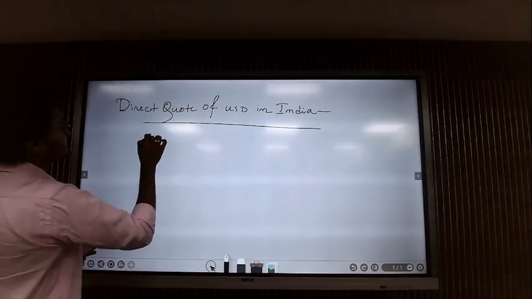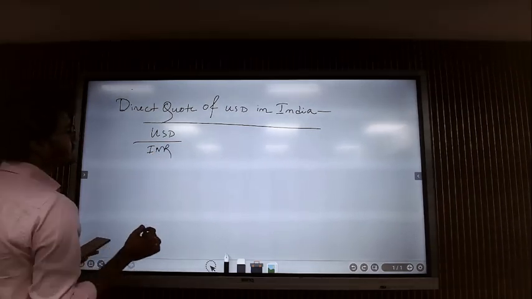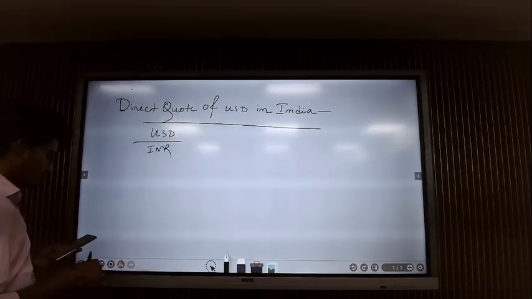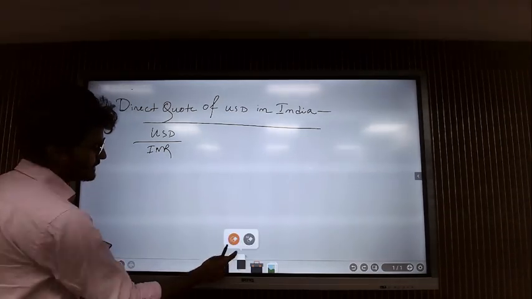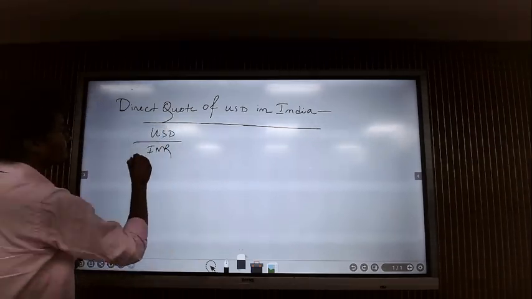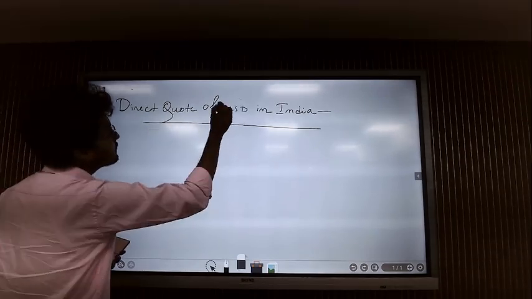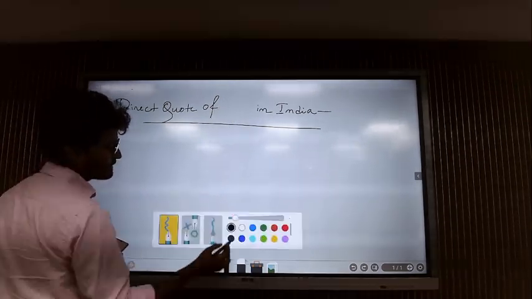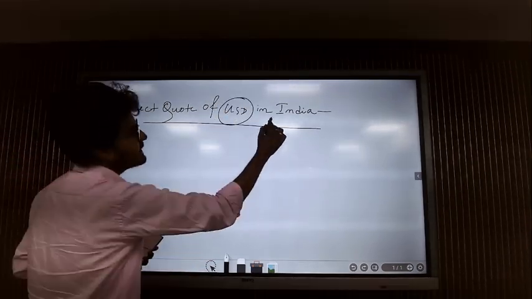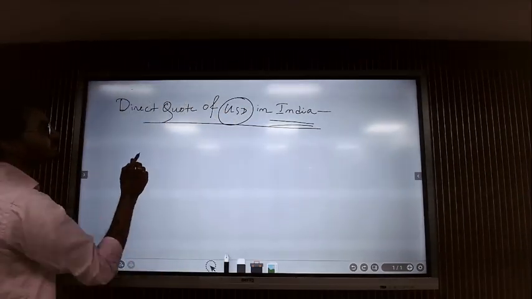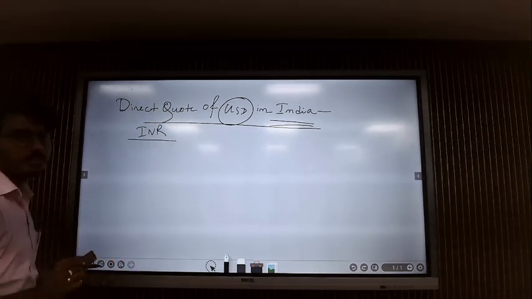That means USD by INR, because this is direct quote. No, this is wrong. The direct quote of USD in India means INR is in the position of numerator.